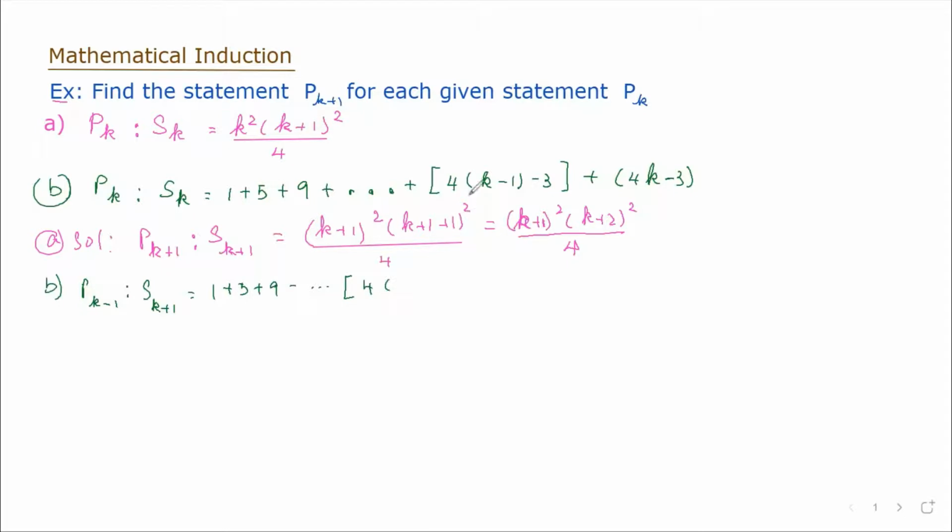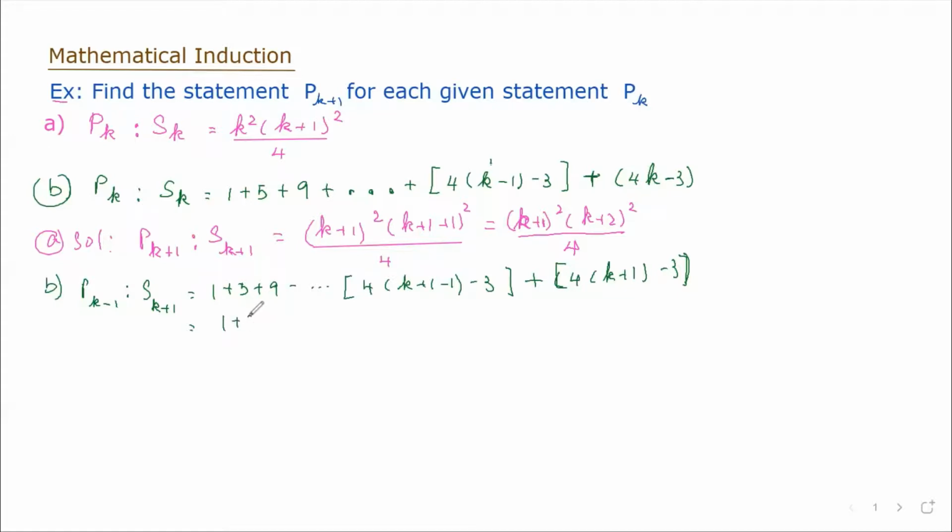So you replace k here with k plus 1, minus 1, and then minus 3. Then plus, this one plus, replace k with k plus 1. So we have 4 times k plus 1, minus 3, and close it. Up to this point, we just simplify.